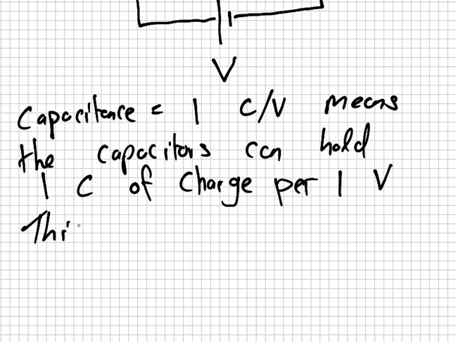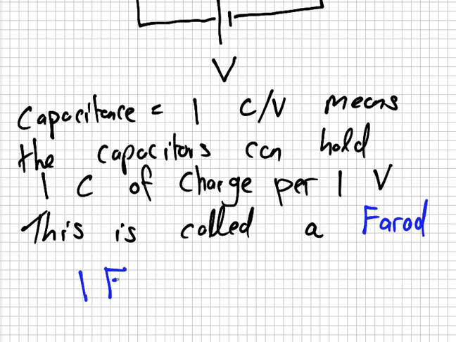This is called a farad. So 1 farad equals 1 coulomb per volt. Yeah?